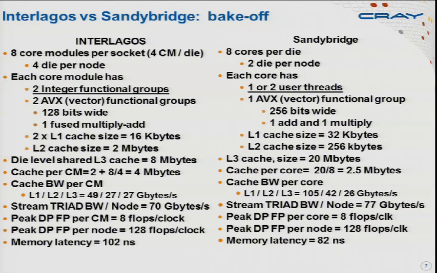On the right-hand side, they have one L1 cache of 32K bytes. Now, if you were running hyperthreading and two threads per core, that would be 16K per hyperthread. But here, it didn't matter if you were running two per core module or only one. You had 16.